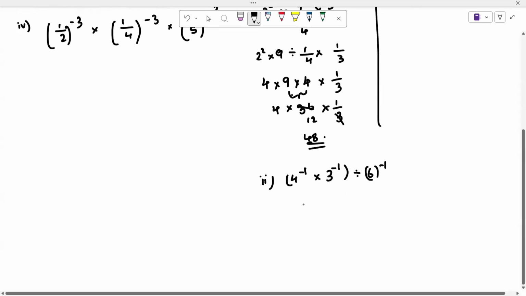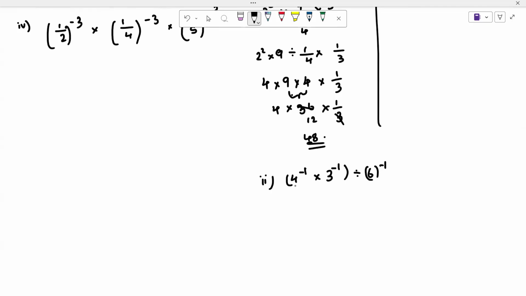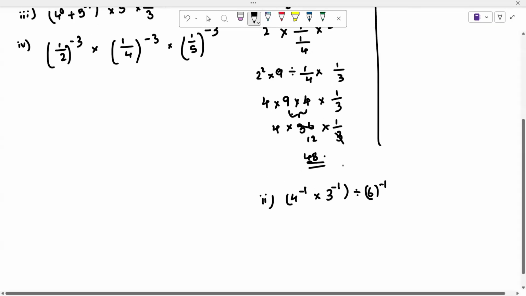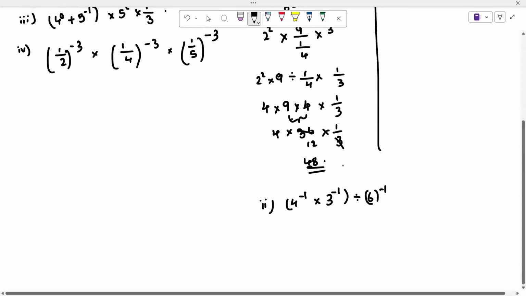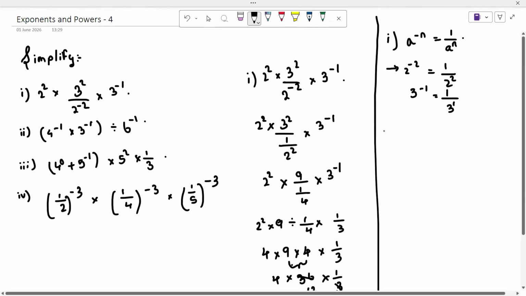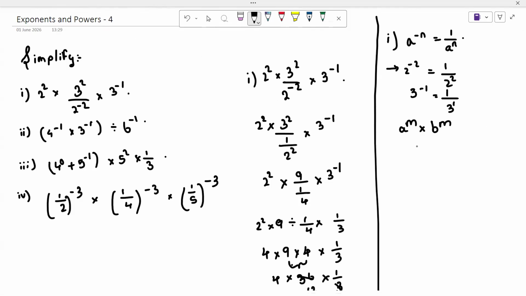Okay, this is very easy. So what law will we use here? Negative exponent law. Or wait, before the negative exponent law, can we use the law that a power m into b power m will give you a into b whole power m? Yes, we can use that law.